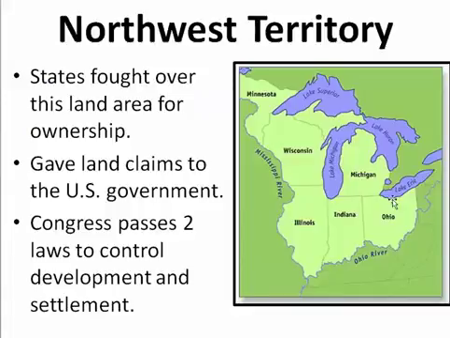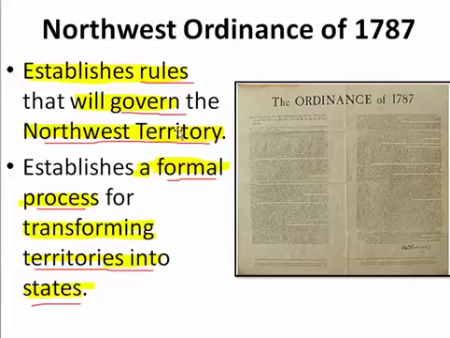It's also going to establish a formal process for future territories that want to become states. How do they do it? What steps must they follow to transform themselves from a territory into a state? And that's going to have a huge impact on the history of the United States.